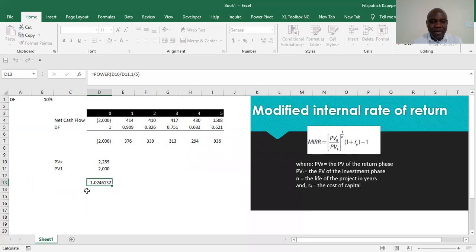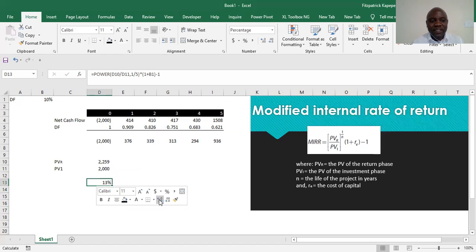So you have this number. But you don't end here. You say times 1 plus R, which is 1 plus the cost of capital, the rate at which you are investing these cash inflows, because they are not just going to lie idle in the bank. So you have that minus 1. So easy, guys. You are done. It gives you 12.71.